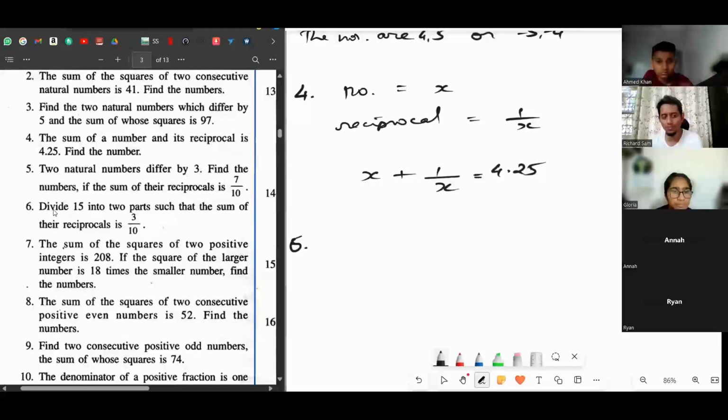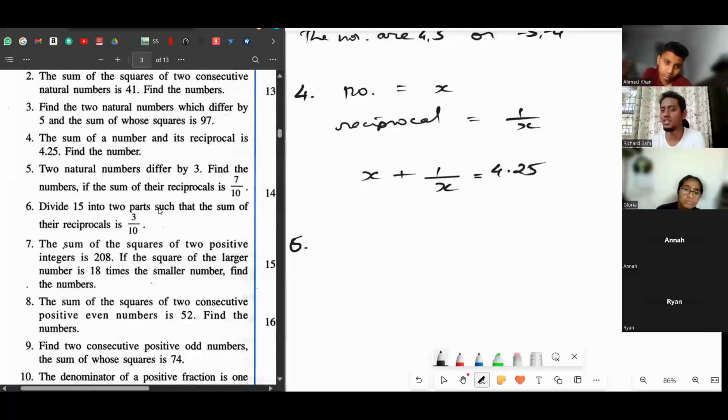Okay, what is the sixth? Divide 15 into two parts such that the sum of their reciprocals is 3 upon 10. So let's see what is the first statement. What does it mean? Divide 15 into two parts. What does that mean? Give me an example. 7 plus 8.